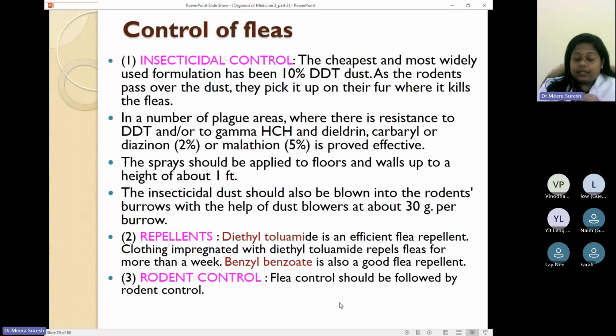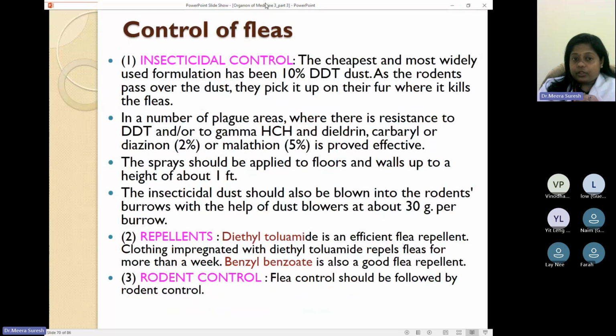Then repellents. Diethyl toluamide is an efficient flea repellent. Clothing impregnated with diethyl toluamide repels fleas for more than a week. Benzyl benzoate is also a good flea repellent, especially advisable to use when we are reaching an area where the flea presence is very high.